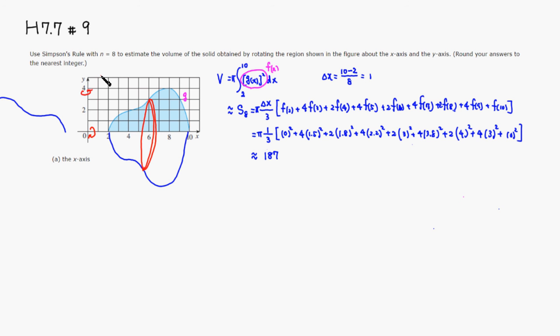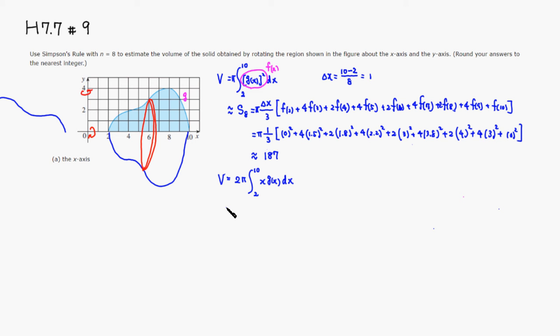So the volume is going to be, by the shell method, 2 pi, then the integral still going from 2 to 10. The radius would be just x, and the height is just g of x, and dx.